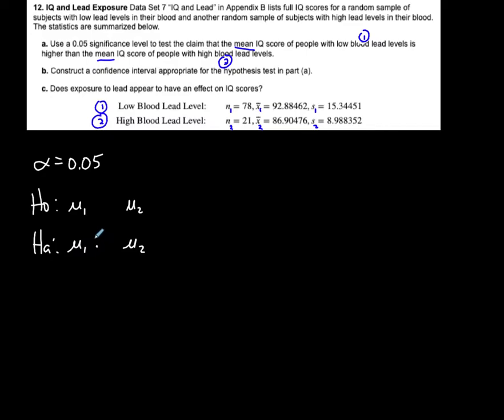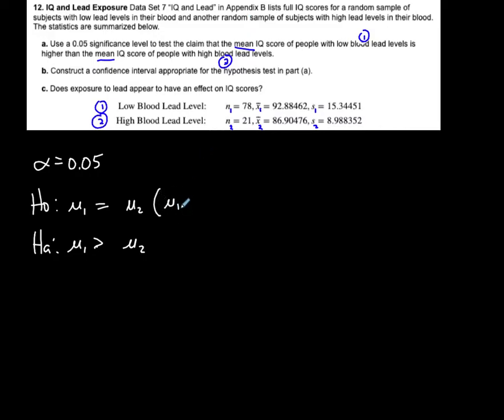Greater than the other group? And then the null would be equal to. So what does this mean? Do the people with low blood lead levels have higher IQs than the people with high blood lead levels for the population? That's what this alternative is saying. And notice it's matching the verbiage here. So when I write my interpretation, I can just go straight there.